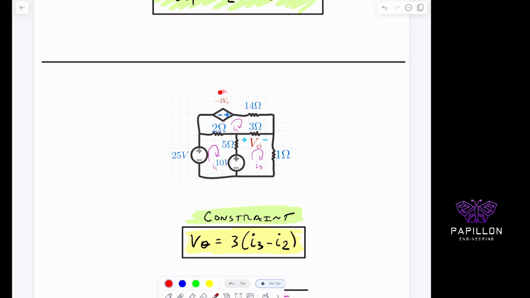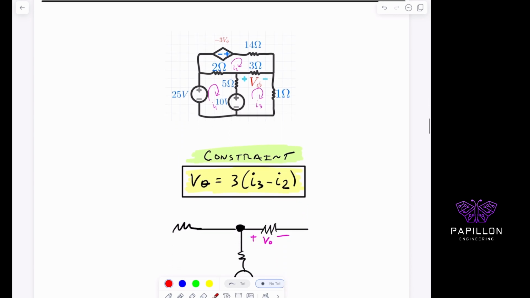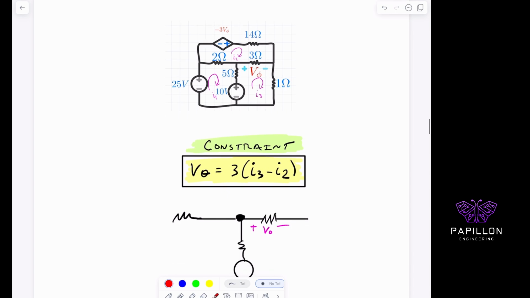And again, this is just a gain effect, right? It's a gain of minus 3. Sometimes threefold, this one's minus threefold. So that's the gain that's caused by this dependent source. And what is this dependent voltage source depending on? It's depending on this V0 over here. So what we can see from this problem is that we've illustrated that if we go clockwise notation everywhere, right?